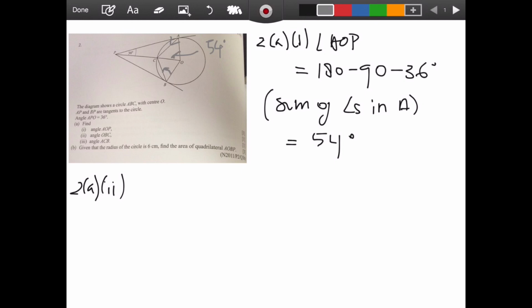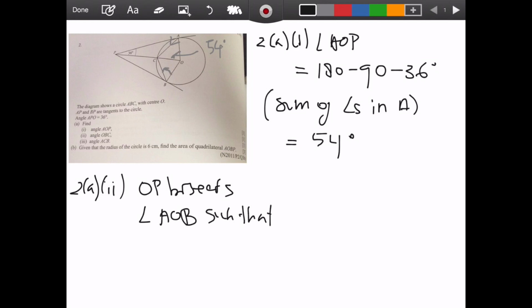Okay, we understand that the line OP bisects the angle AOB, such that angle POB is equal to angle POA.